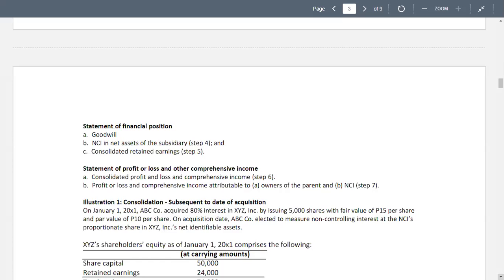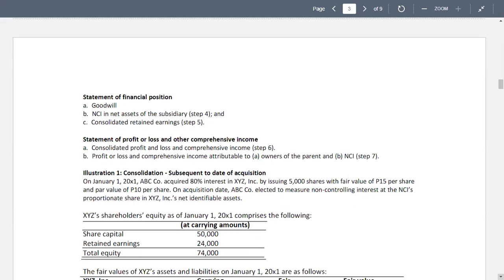On acquisition date, ABC Company elected to measure non-controlling interest at the NCI's proportionate share in XYZ's net identifiable assets. So XYZ's shareholders' equity on January 1, 2021 comprises the carrying amounts of the share capital or common stock, retained earnings, and the total equity.